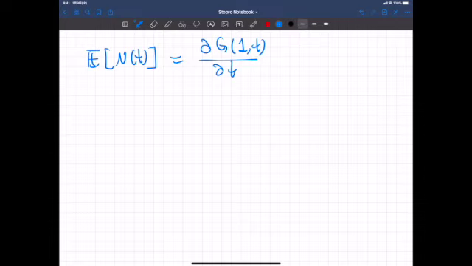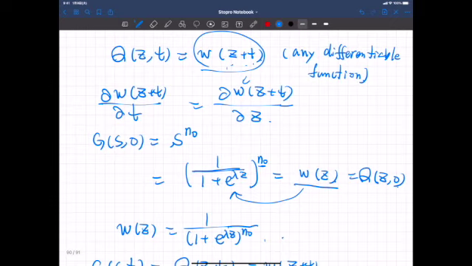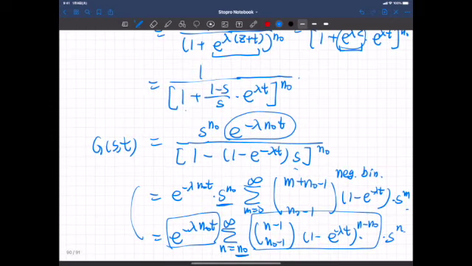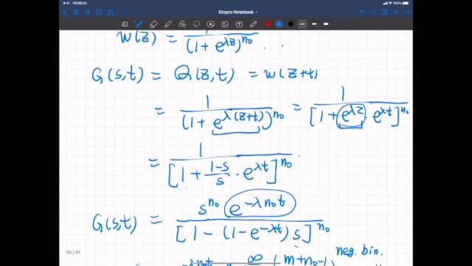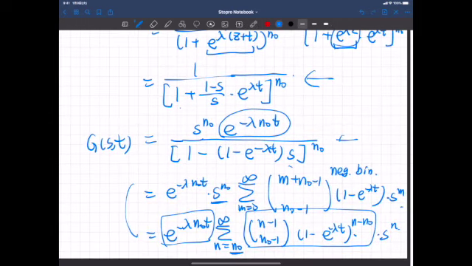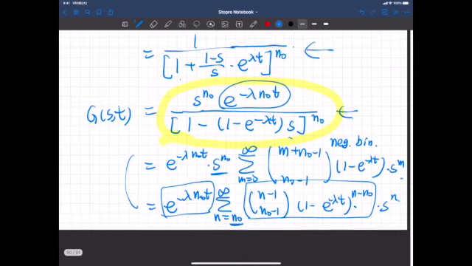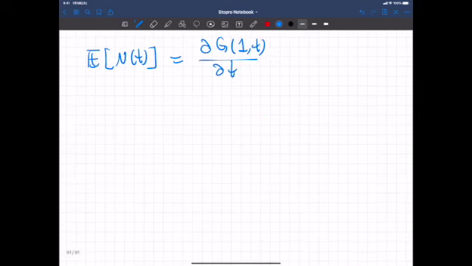So if you differentiate this function with respect to s, it's quite an involved calculation, but you should find, after all, that this is equal to n0 times e to the power of lambda t. So this is an exponential function.